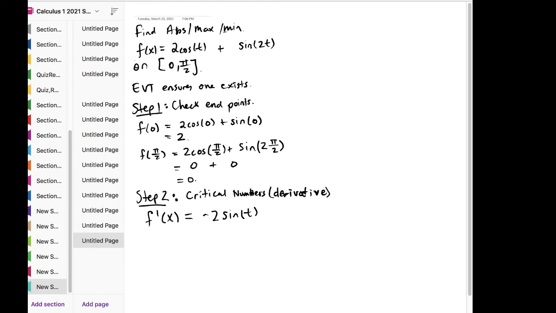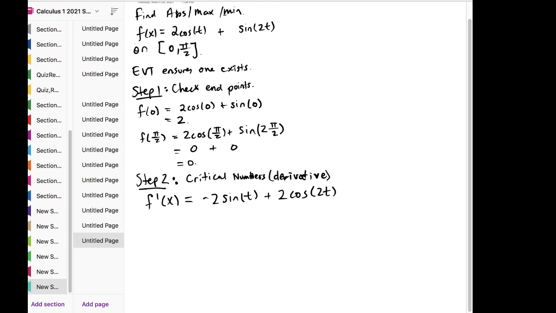And good, plus 2 cosine of 2t. This is the chain rule for the sine of 2t. Okay, we have to set this equal. First of all, does this not exist anywhere? Does the derivative not exist somewhere? Do we have to care about it? No. Yeah, derivative exists. Now, so then we set it to 0.